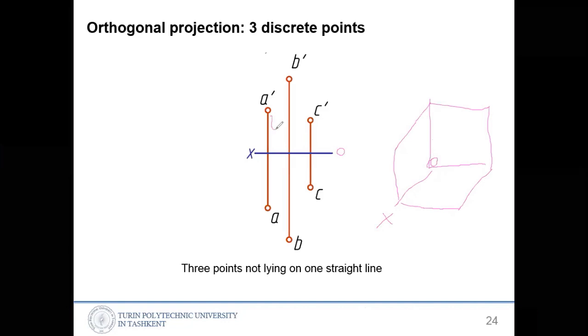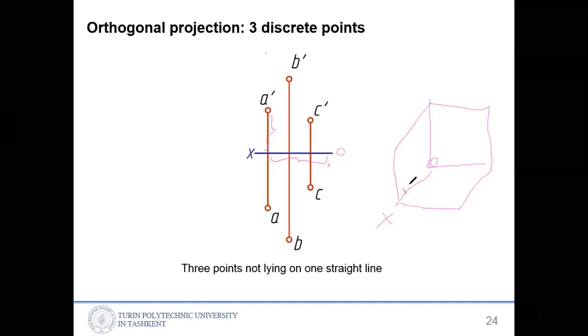From O you have to measure the first distance and put that distance here. Find a point, and then make a line parallel to the OY line, and put the second distance here, and make a line parallel to the OZ, and then define the point A. So point A is given like this.